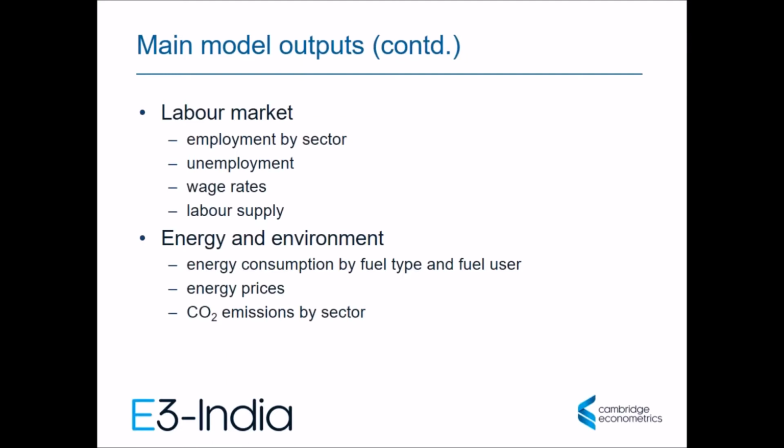And of course, employment is also broken down by sector for the 20 sectors in the model, which can give a sort of indication about skills requirements as well, although that goes a bit beyond what the model itself can do. It is something that some people ask questions about.